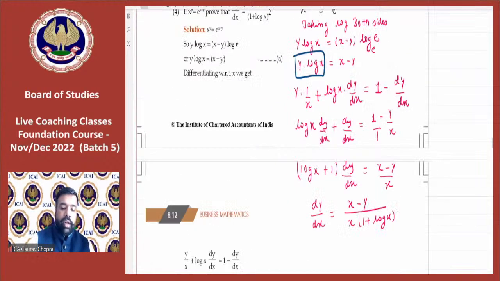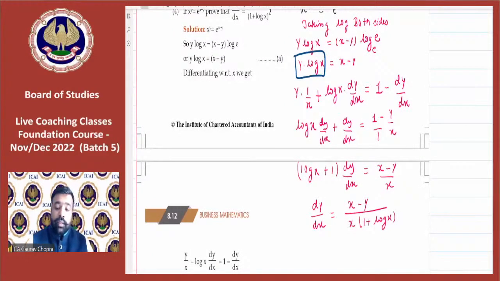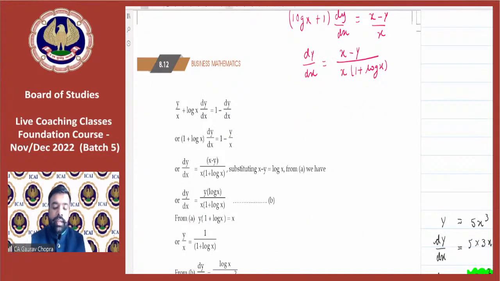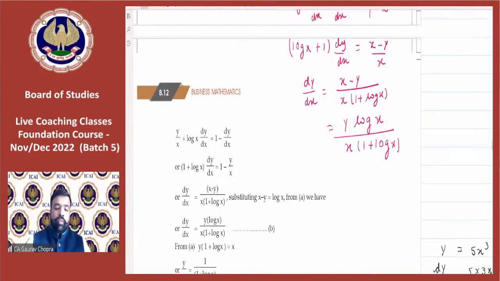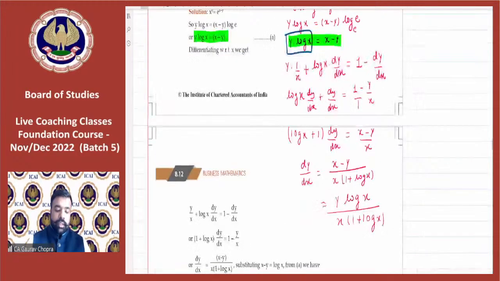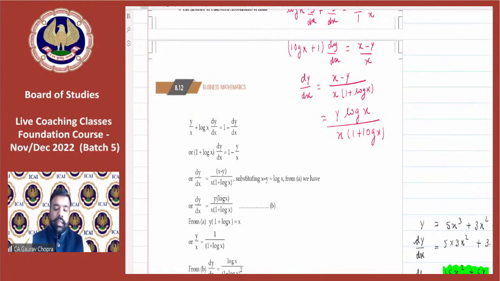So if we want, we can write this as well: y log of x divided by x, 1 plus log x. Here we can see that dy by dx is equal to y log x upon x into 1 plus log x. This we have calculated now, dy by dx.